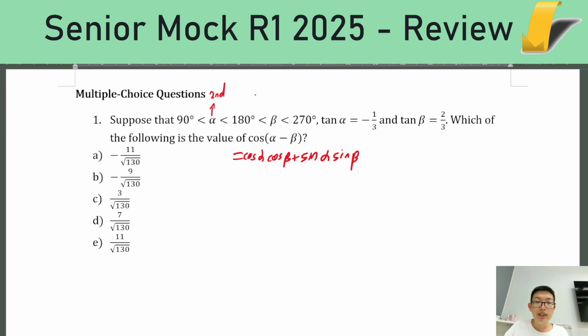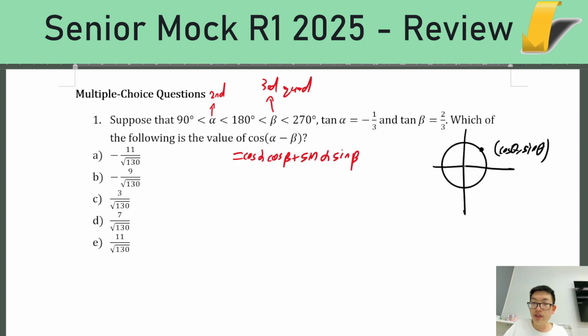This is the second and this is the third quadrant. You should know that the quadrants will determine the sign, but you don't have to memorize the sign. You just need to actually know your unit circle and know that the x coordinate is cosine and the y coordinate is sine. So, there's some things that you need to know and some things that you don't.